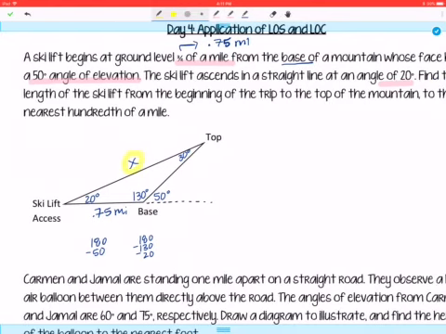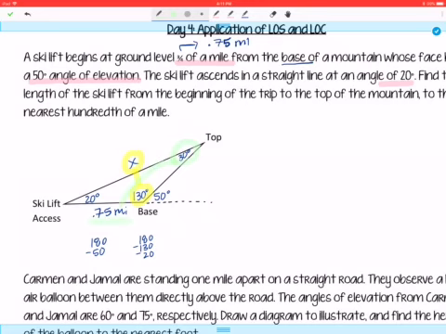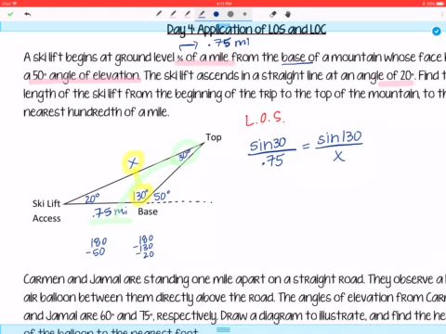because I can compare x and 130 because they're opposites, and I can compare 30 degrees and 0.75 because they are opposites. So this would be a law of sines set up, and we would compare sine of 30 degrees over 0.75 miles, and then the sine of 130 degrees over x.